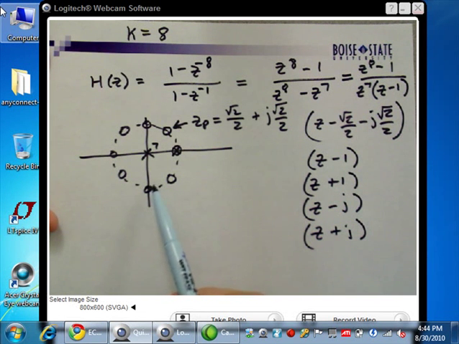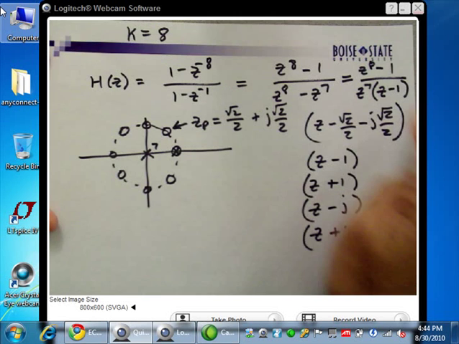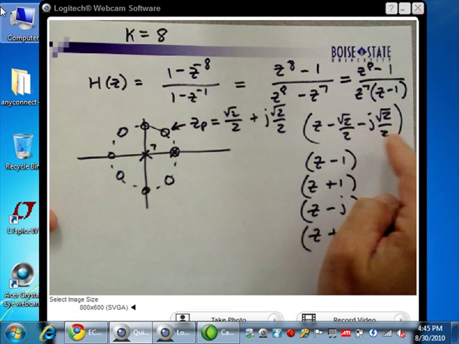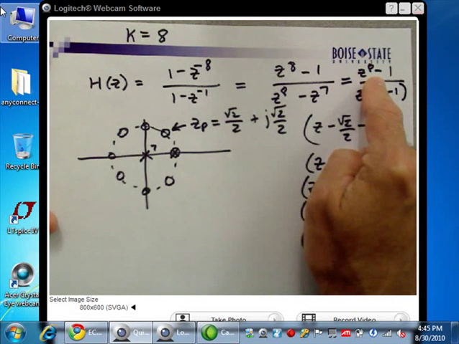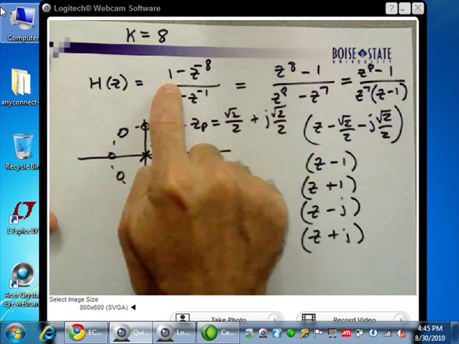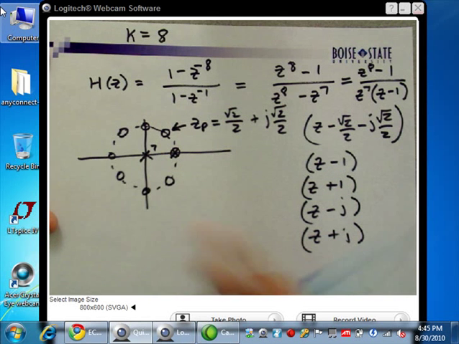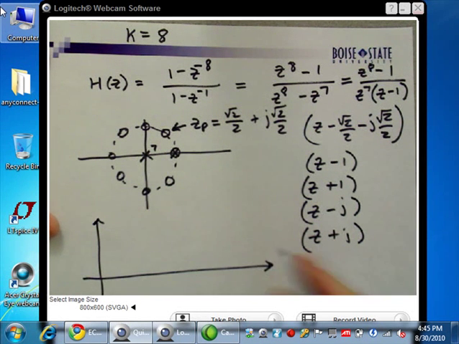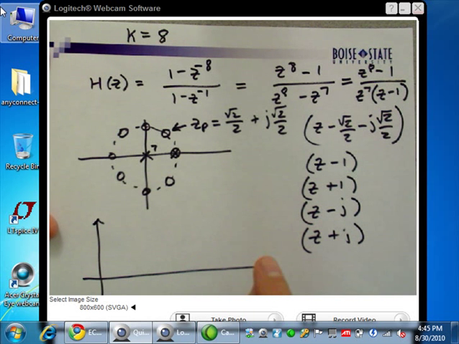Alright, so now if I were to plot, let's do this in 2 steps. I can plug the equations in. I'm not going to do that right now, but if I plot just the numerator, the 1 minus z to the minus 8, if I plot the frequency response, I can do that in 2 ways.